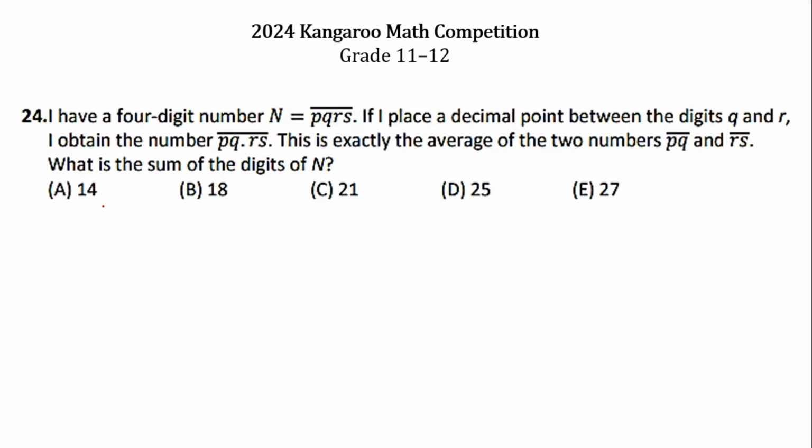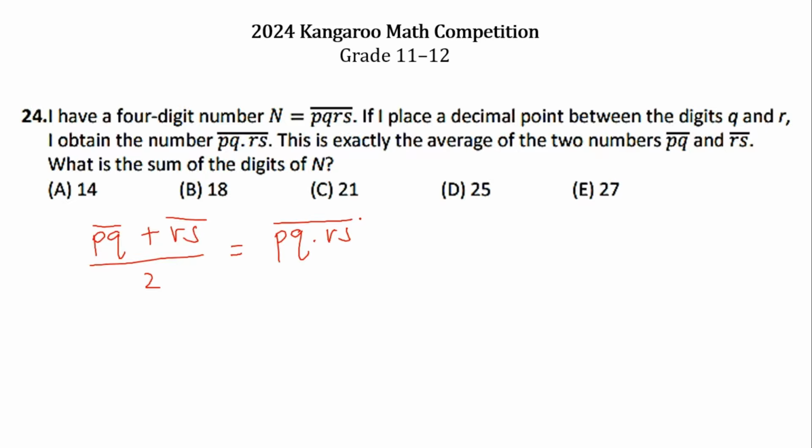So if we take the average of PQ and RS, so PQ plus RS, divide this by 2, the result is PQ point RS. Okay, so how can we write the right hand side in a form that will allow us to simplify the equation?